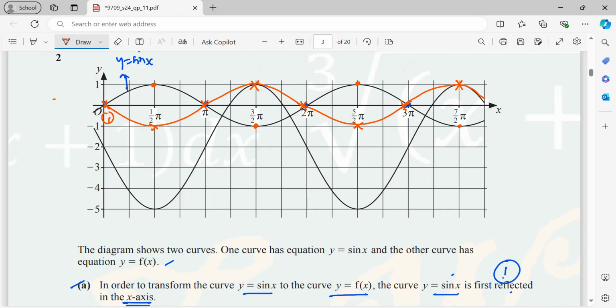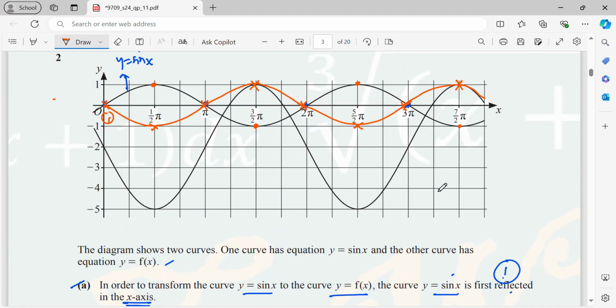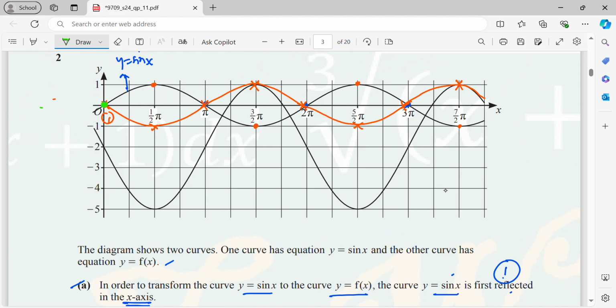And now I need to find out another two transformations, because here are two further transformations. So first of all, I will check. From here, it drops to minus 2. So from pi it drops to here, that means 2 units downwards, right? That means I know that it involves translation.